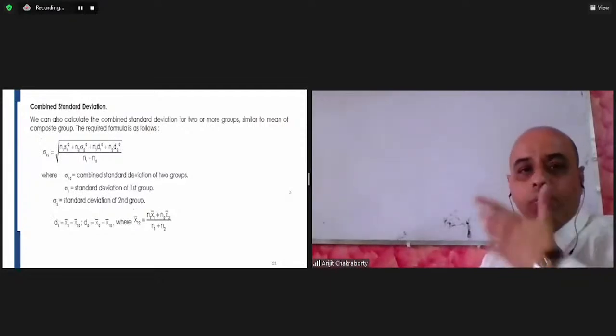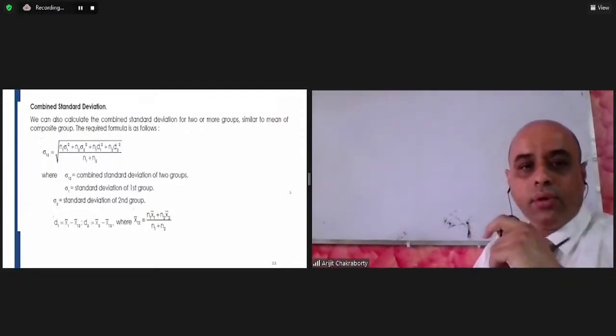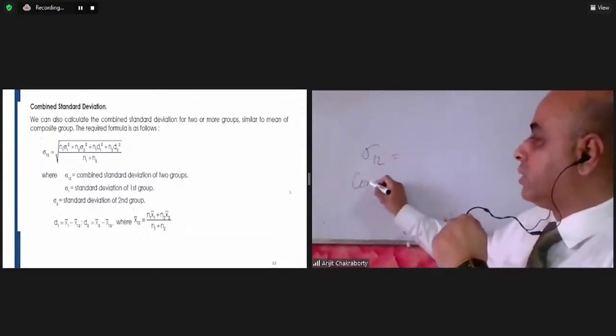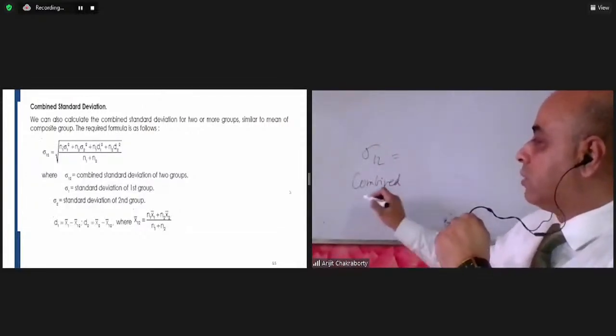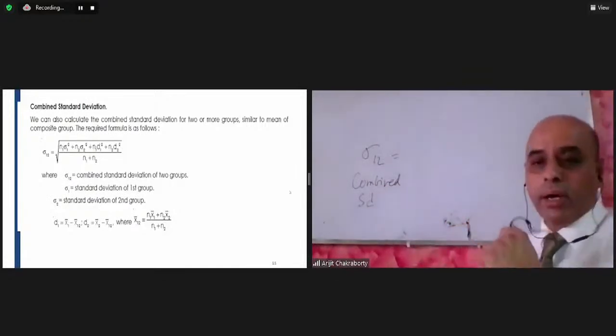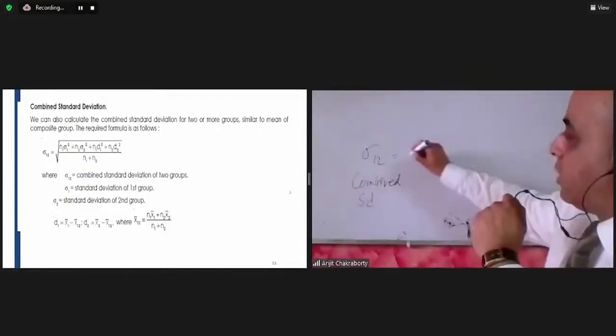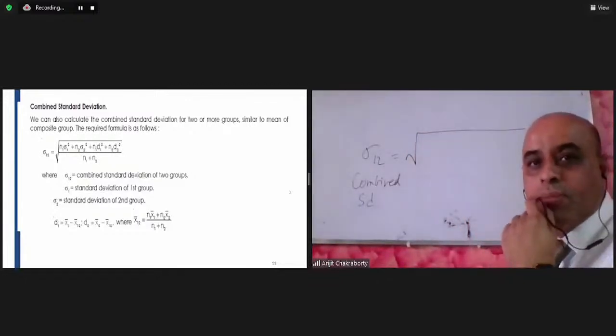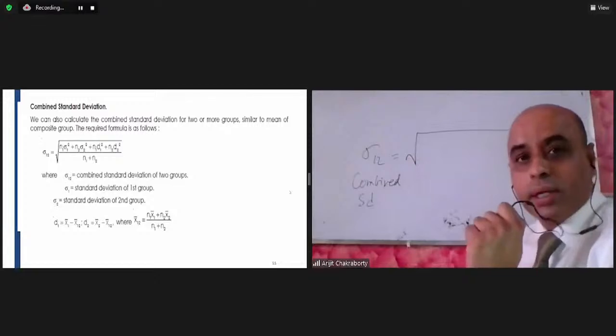Now we look at the formula for sigma 1 2, that is the combined SD. This formula has to be remembered, because questions can come based on it.